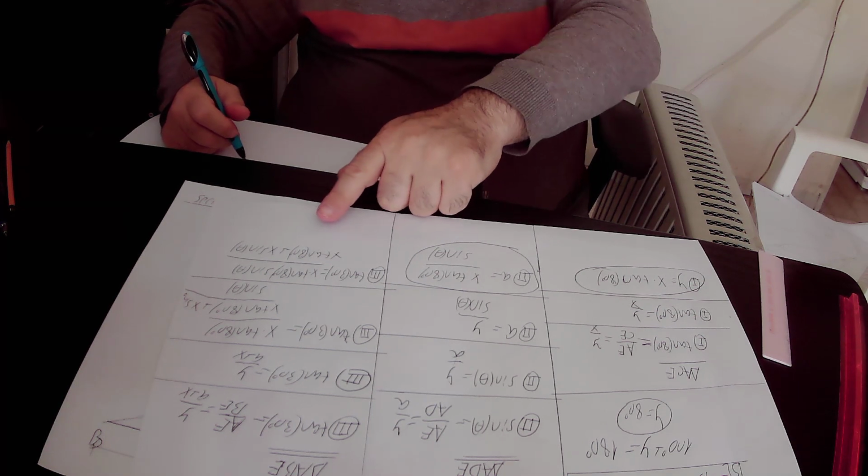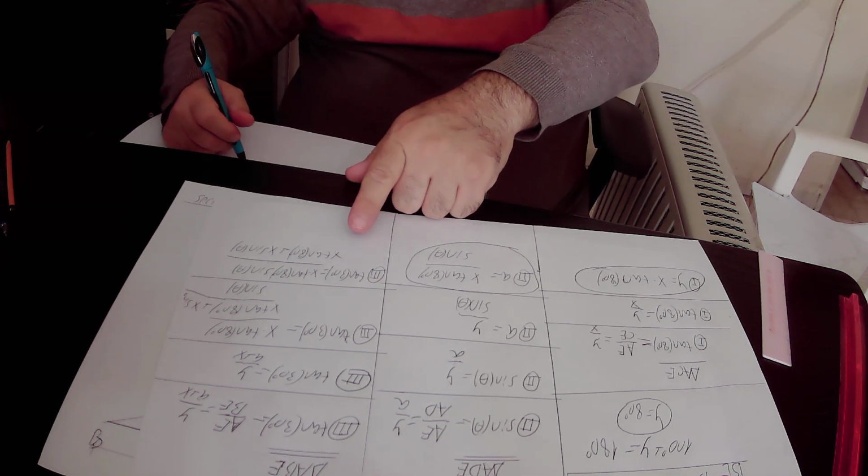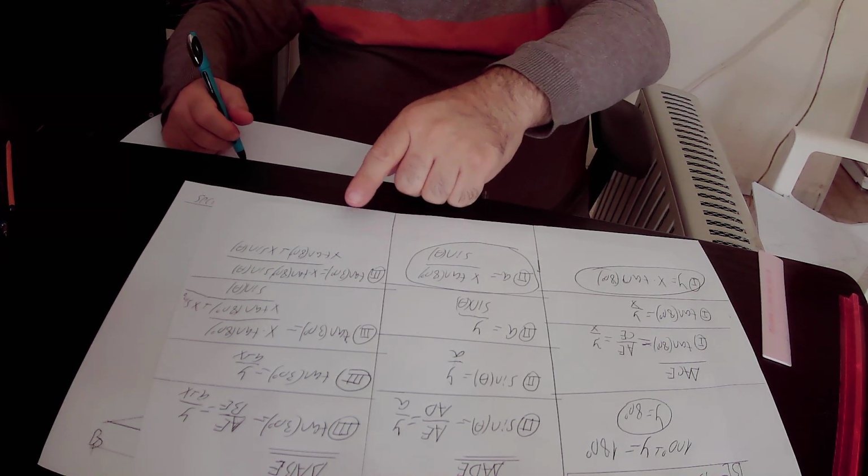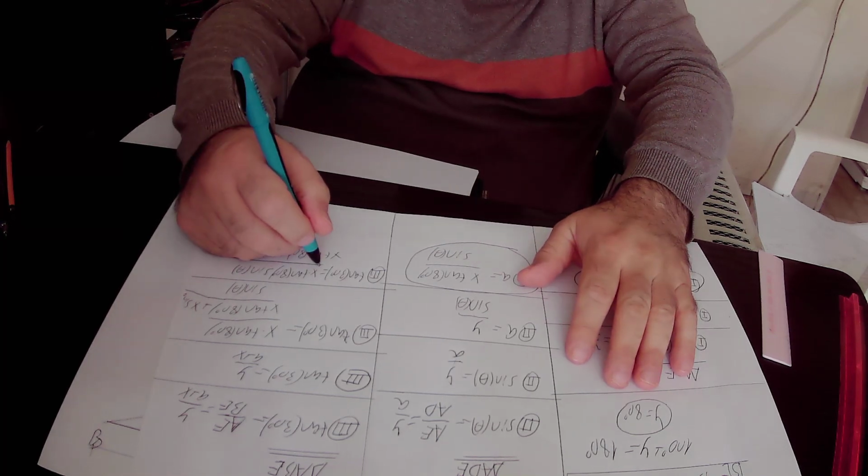So here we have X in the numerator and X also in the denominator, so X will get cancelled.